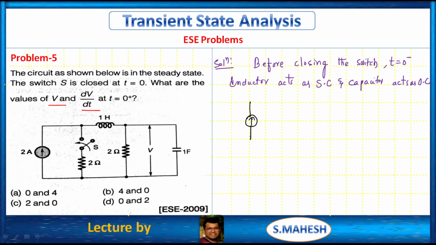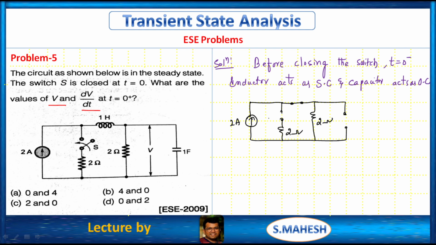2 amps of current, and this is short circuited, this is the 2 ohm branch, and this is open circuited, right? This is 2 amps.